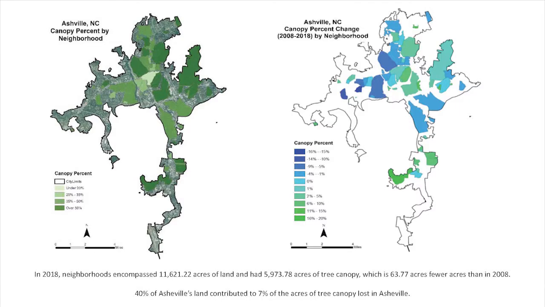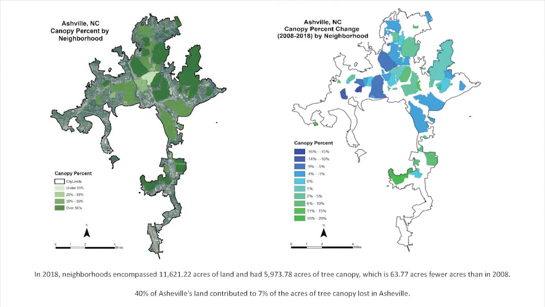The city also tasked us to look at this at the neighborhood level. From my analysis of the data, the neighborhoods in Asheville, the ones that have names, and I apologize for not having a better term for that.